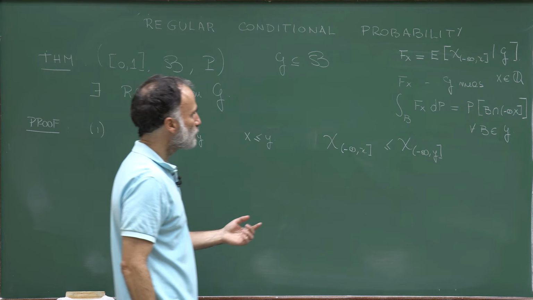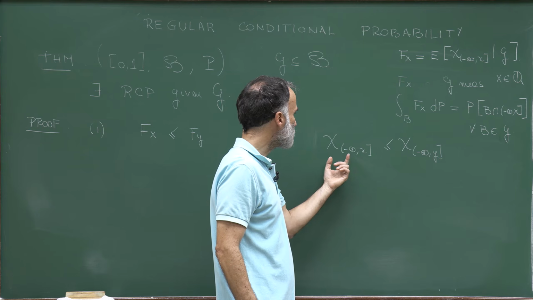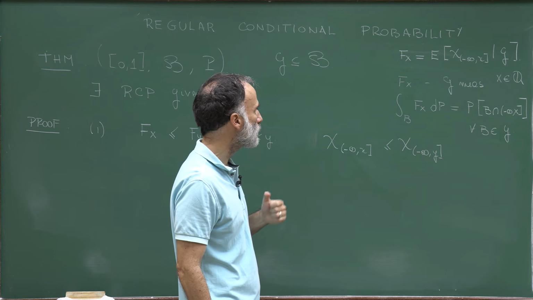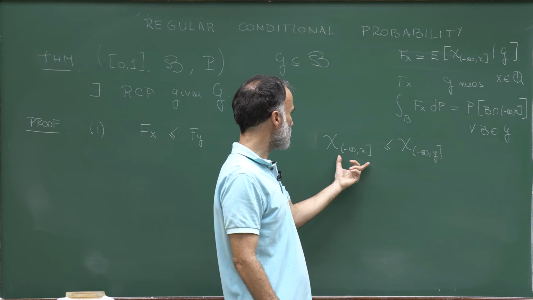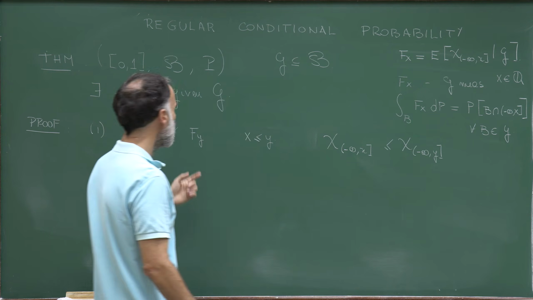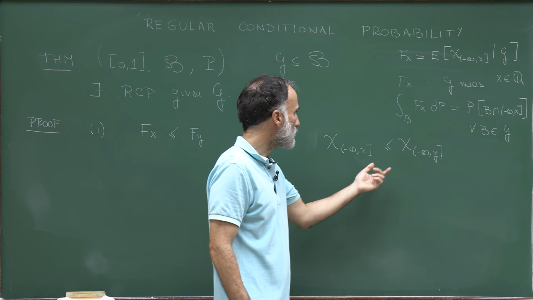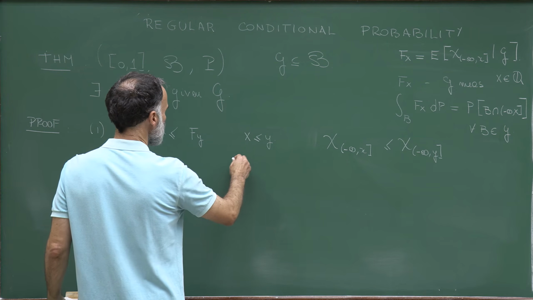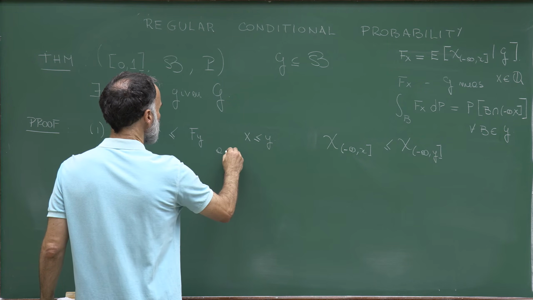Then we can use the monotonicity of the conditional expectation to take on both sides the conditional expectation with respect to G. Once we do that, on the left-hand side we have f_x, on the right-hand side we have f_y, and the monotonicity of the conditional expectation tells us that indeed f_x is less than or equal to f_y almost everywhere.